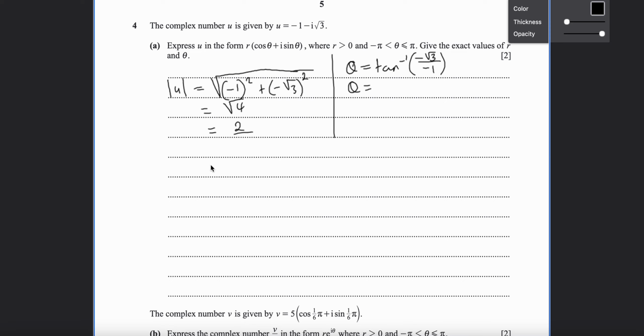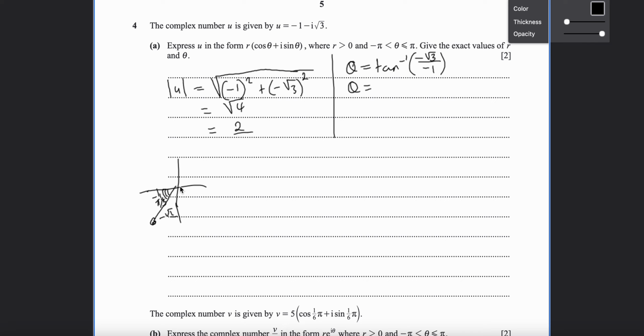Okay, let's look at it on a diagram. We have minus 1 here, and then we have minus root 3 here. You will see that our complex number is in the third quadrant. So the angle we have here is pi over 3.